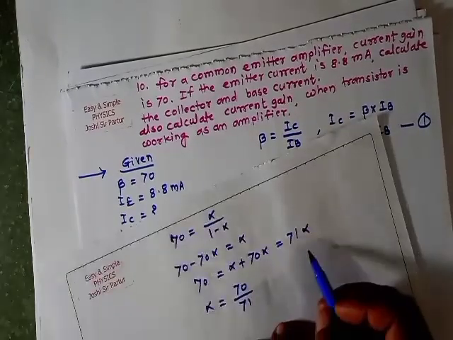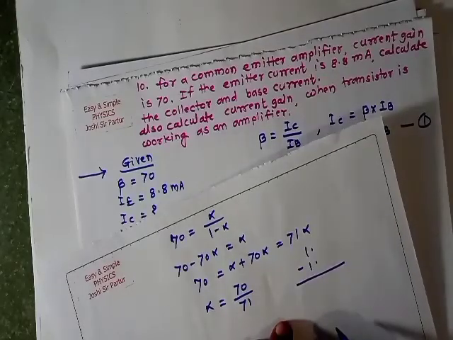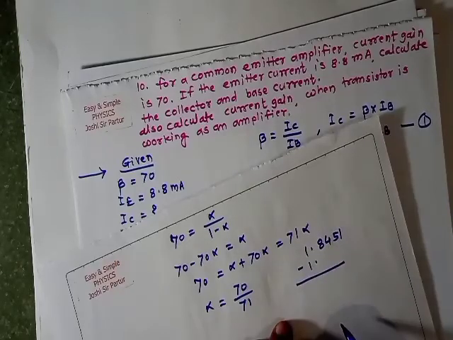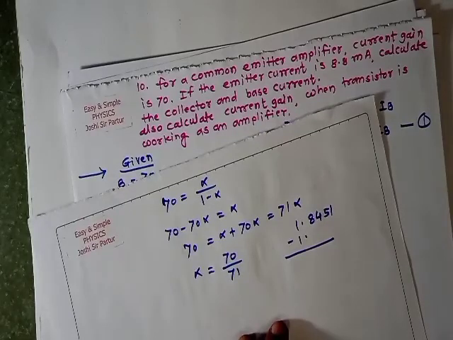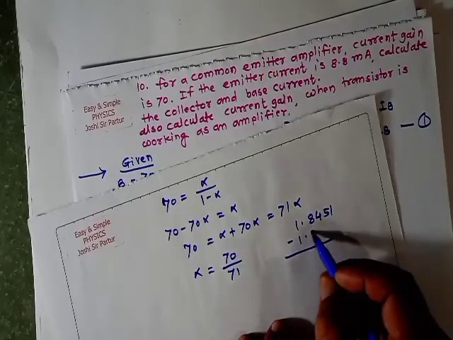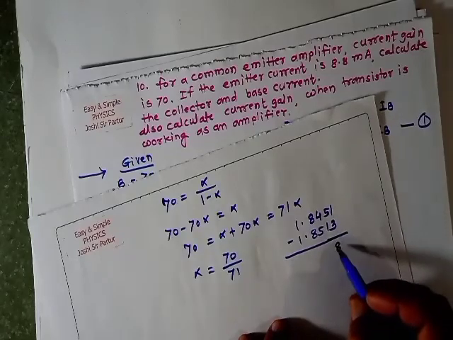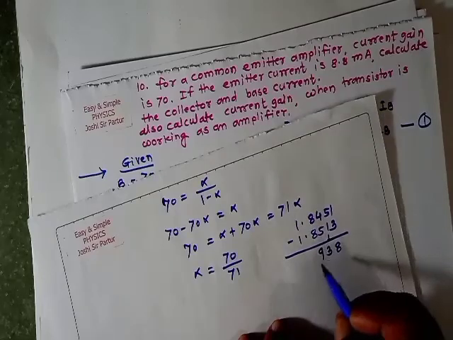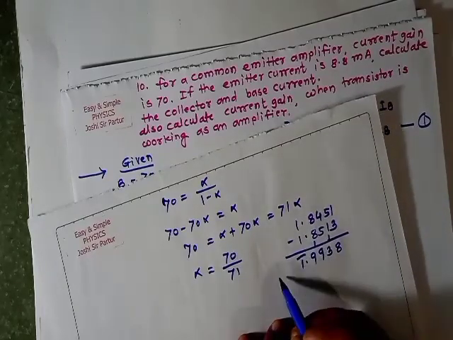Again we can use logarithm. Subtraction is there. Log of 70 will be 8451, and log of 71 will be 8513. If we subtract, 8 is remaining, 3 is remaining, 9 is remaining, 9 is remaining, bar 1.